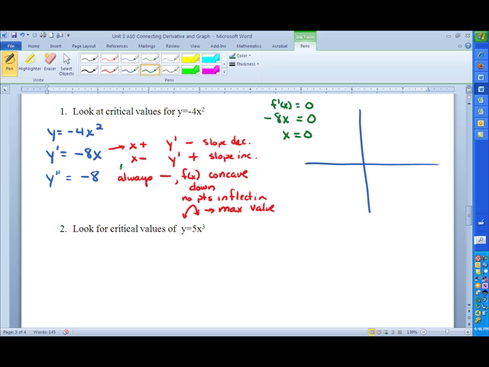So at x equals 0, we have a critical point, and based on what we're seeing, we know that's going to be a max. And then if we want to know where that critical point is, we find f of 0 up here by plugging in 0. And so at (0, 0), we have a maximum.